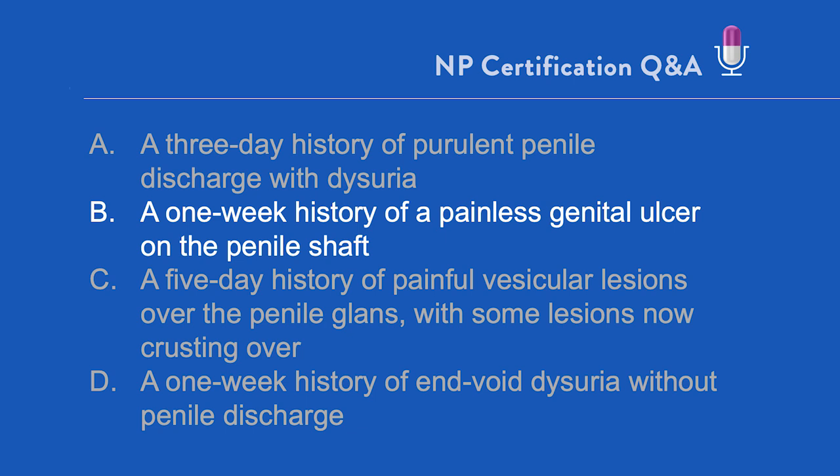Primary syphilis occurs about 3 to 90 days after initial exposure, with a chancre as its chief manifestation. What is a chancre? It's a firm, round, painless, note that word, painless, ulcer with a clean base and indurated margins, accompanied by localized lymphadenopathy.